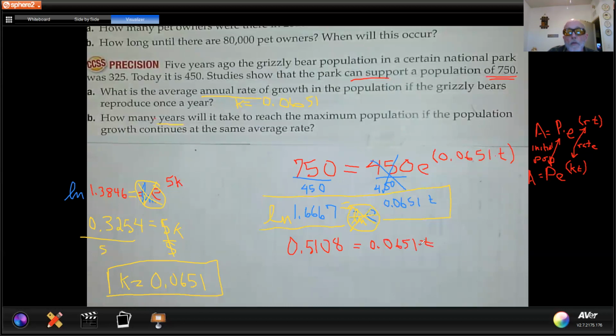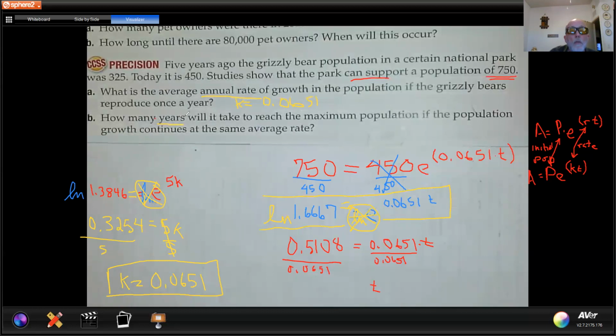So how do I get rid of, I want t by itself, I have to divide by this whole number, right? So I'm going to divide by 0.0651. And then over here, I have to do the same thing, 0.0651. Right? So what is that? Let's try it. Divided by 0.0651. Ta-da. Equals, wait for it, how many years, right?